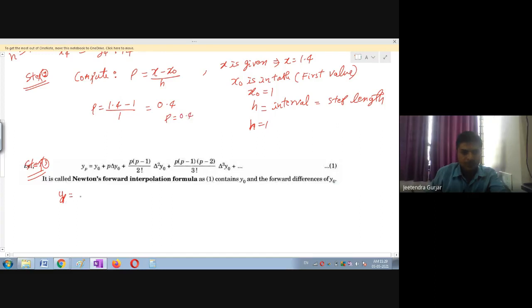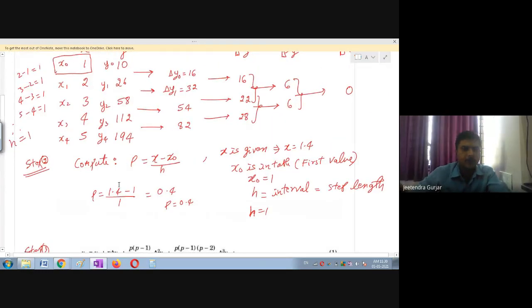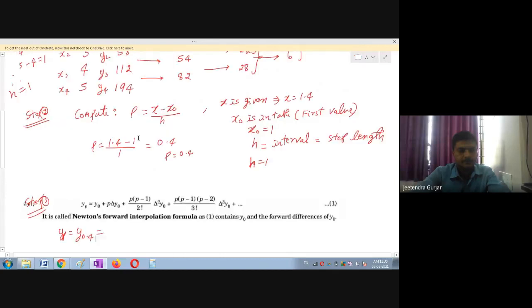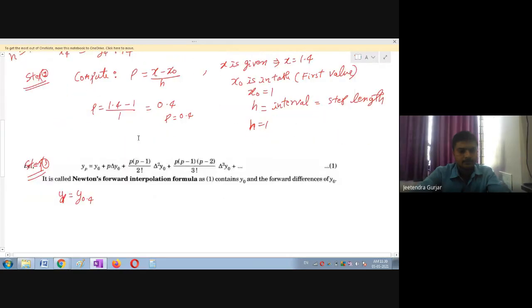Substitute all the values. So this is y 0.4, right? So this is equal to y naught. Y naught is already given here. Y naught we have 10. So here we have the y naught value. Next, what I'll have to substitute, I'll just rewrite it here once again.